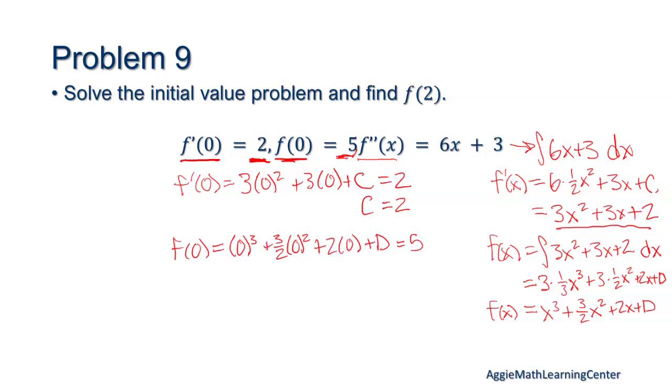A lot of this simplifies down to 0, and that leaves me with d is equal to 5. So now I can come back over here. I know that d is going to be equal to 5.